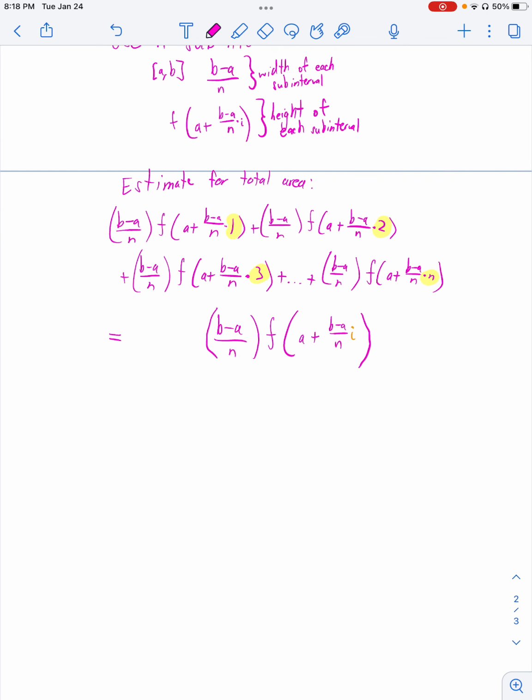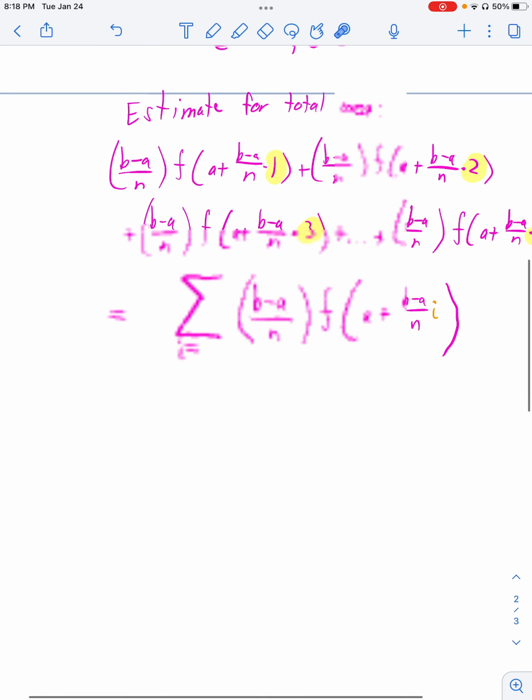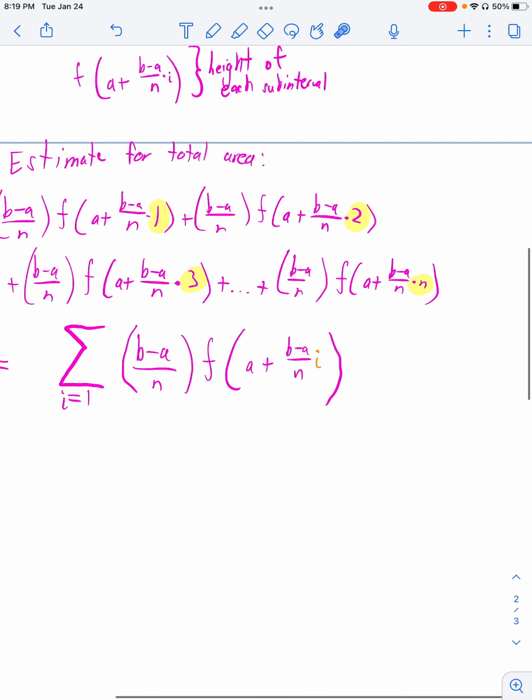Then you write the letter sigma, then i equals. Down here, we're going to write the lowest number that gets plugged in for this i. The smallest number that gets plugged in for that i is 1. The biggest number that gets plugged in for that i is n, okay?